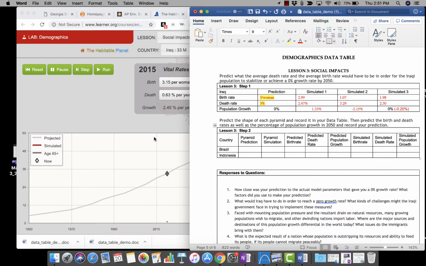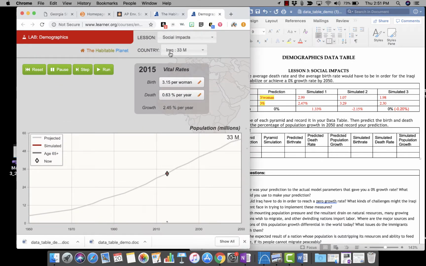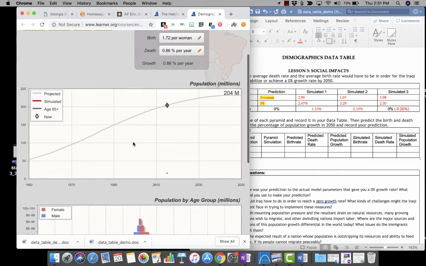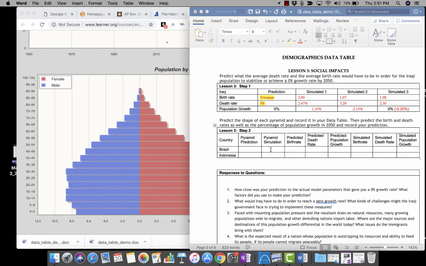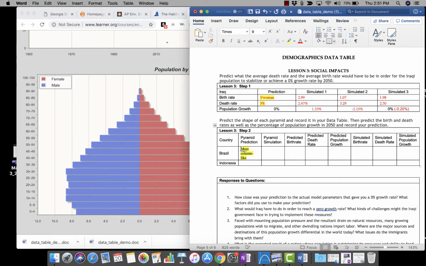Okay, so the prediction, let's get to Brazil. I'd say it's going to become more of a column. I think it's going to go more straight up and down the sides, where the sides are going to be a little more straight.